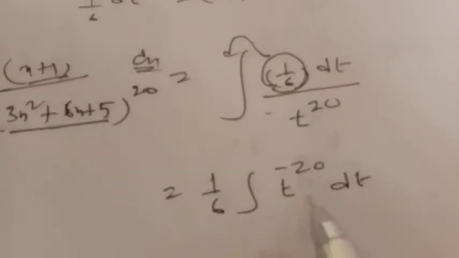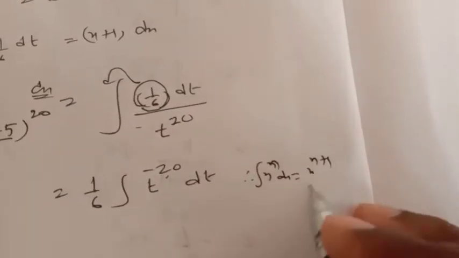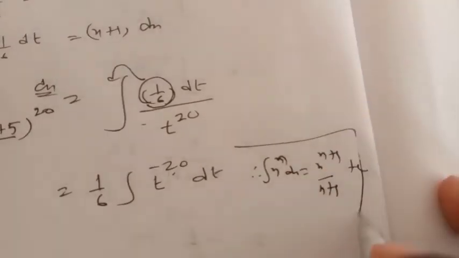Here we have integral of x to the power of n dx equal to x to the power of n plus 1 by n plus 1 plus c.